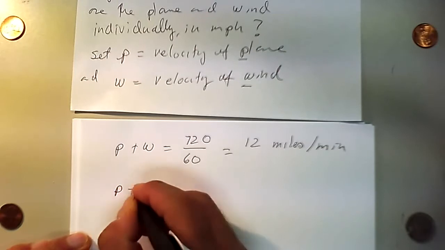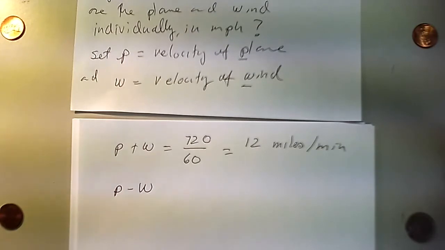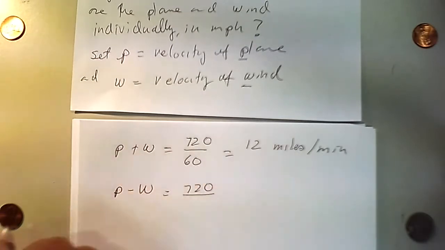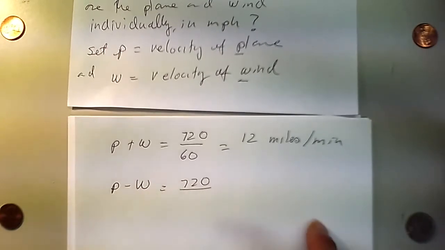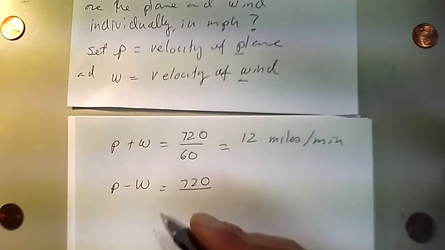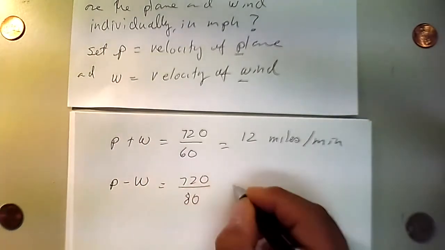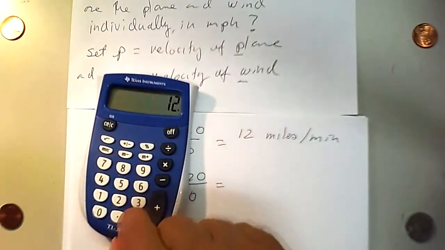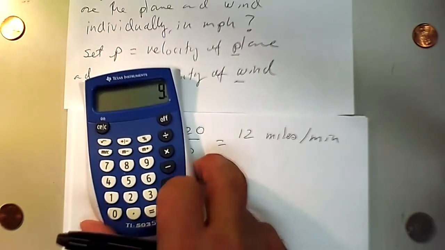And then against the wind, so we're actually taking away the velocity of the wind from our flight, same distance. Perhaps the plane goes from one city to another city, and then the same day goes back, and we're going to assume the wind is very uniform, going at a constant speed. But now it's going to take us 80 minutes to come back, because we're going against the wind. So 720 again, divide by 80, 9.